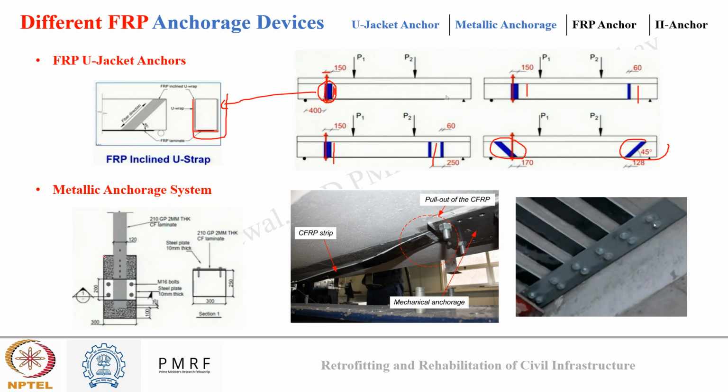Here you can see in the image, this was my substrate and this was my FRP. To increase the bond between the substrate and the FRP, a mechanical anchorage system was used where a metal plate was bolted from both sides. This will improve my bond between the FRP and the substrate.